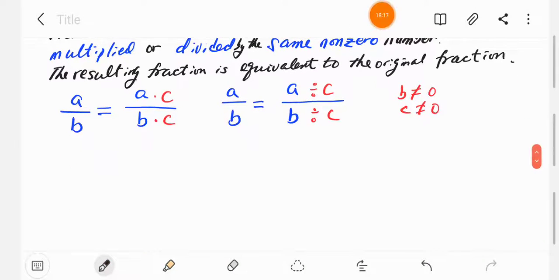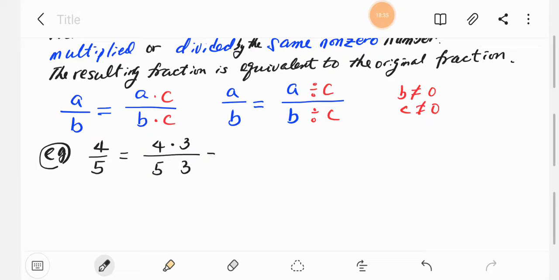Okay, let's do some examples. Here is 4 over 5. You can multiply both the numerator and denominator by some number, like 3. Then the numerator is 12 and the denominator is 15.